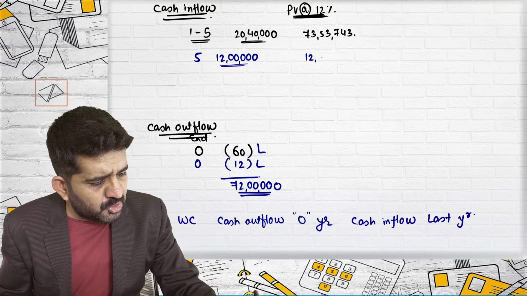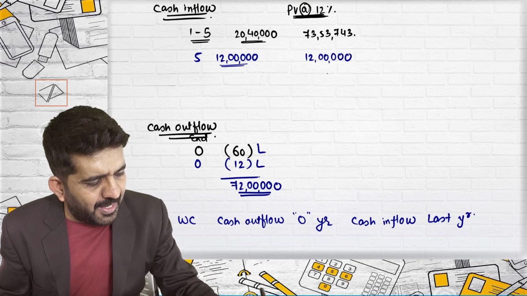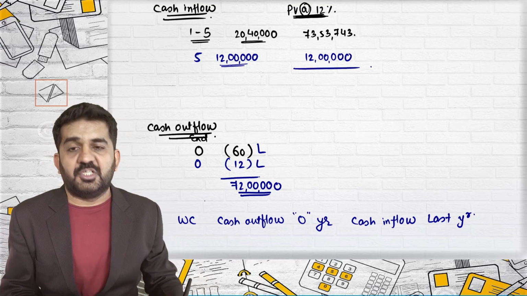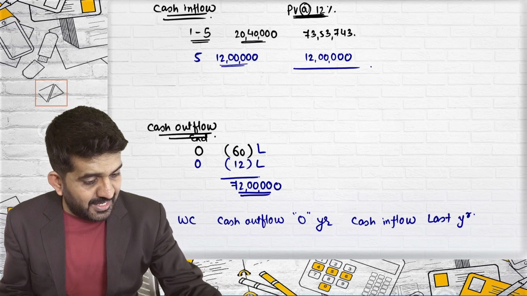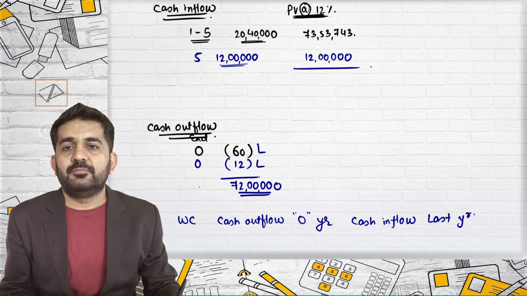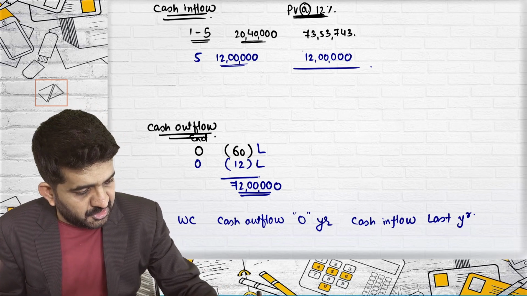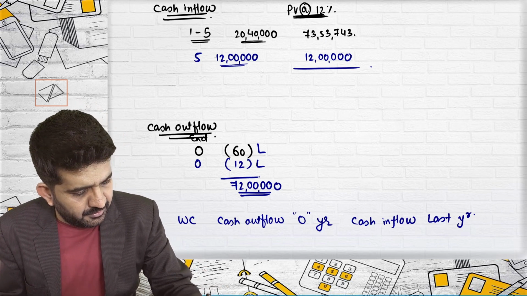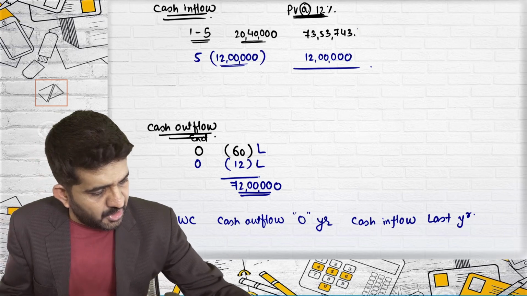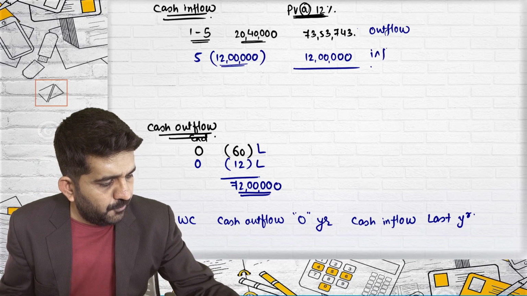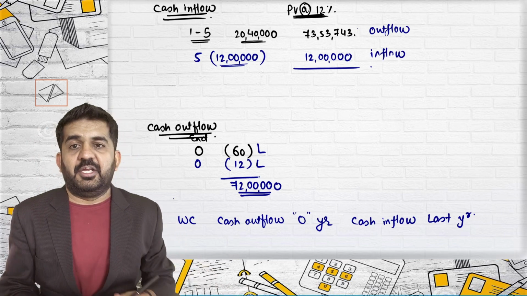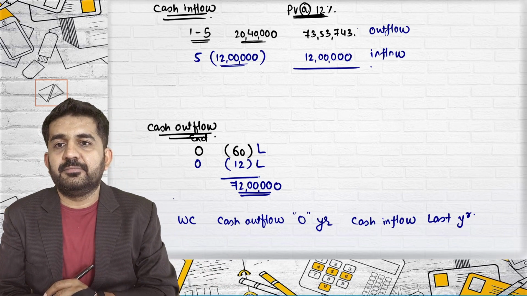Tell me, one of the students, why I cannot add 12 lakhs to this figure 73,53,743? Anyone? Or subtract? It is cash inflow, right? Yes. So this is outflow. This is inflow. So I need to subtract it. But why I cannot subtract it?